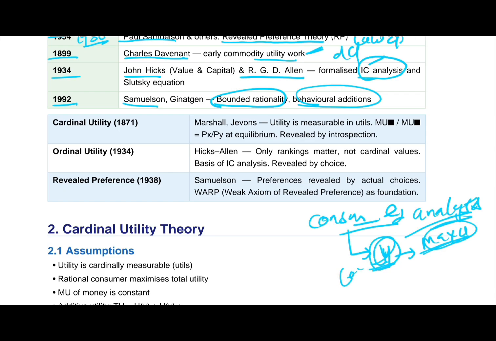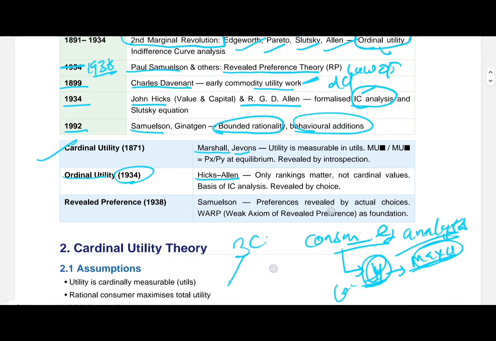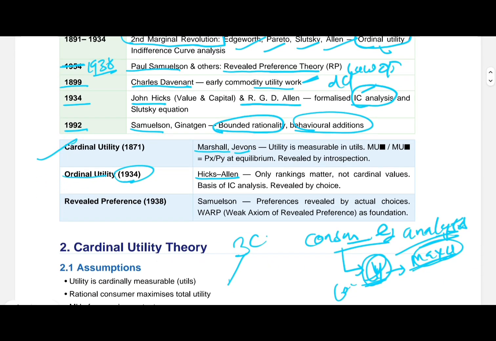So basically, there are three approaches in the consumer theory. The first one is the cardinal approach given by Marshall and the first marginal revolutionaries, as we have talked about, Karl Menger and Leon Walras. And the second is 1934, given by Hicks and Allen. We will study all of these sequentially.